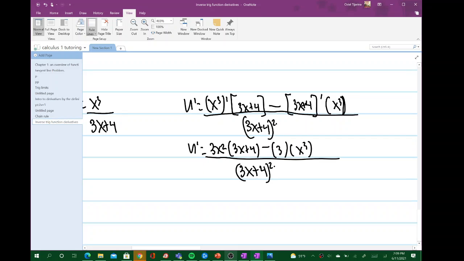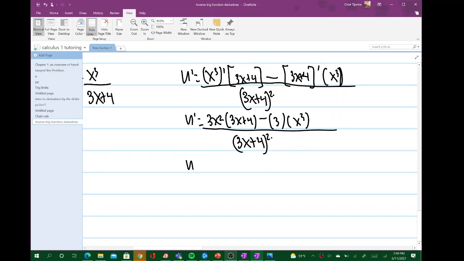I'm going to do the distributive property here: 9x cubed plus 12x squared minus 3x cubed, all over 3x plus 4 quantity squared.